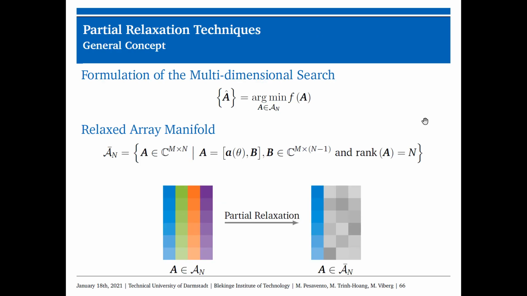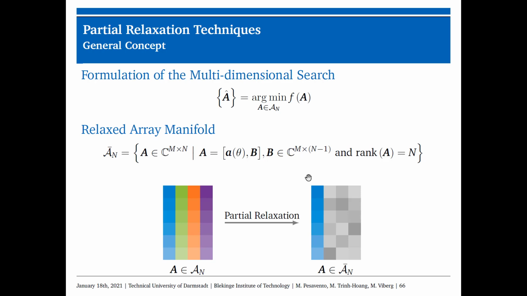Similar to the derivation in the single source approximation, let us recall again the optimal parametric methods, where we optimize a particular cost function on the fully structured array manifold AN. The key idea of the partial relaxation framework is that we will relax the original array manifold in a special manner. Each element on the relaxed array manifold retains the geometry of the sensor array in one column.